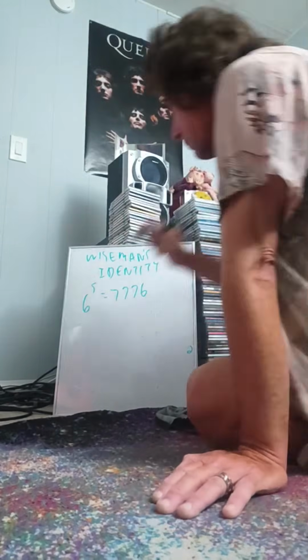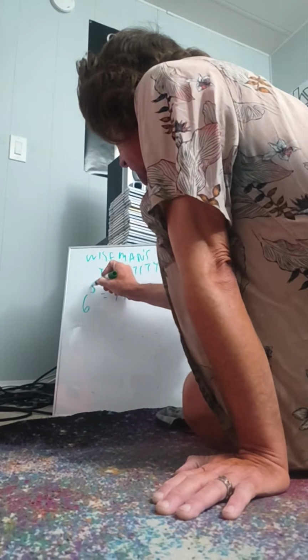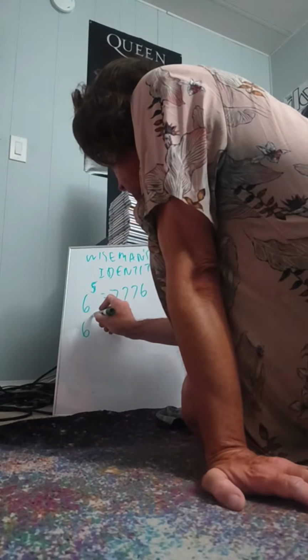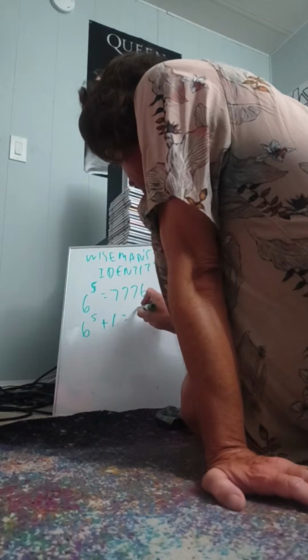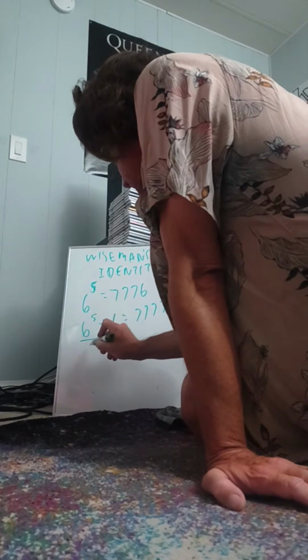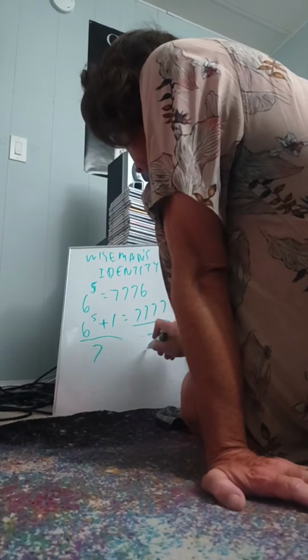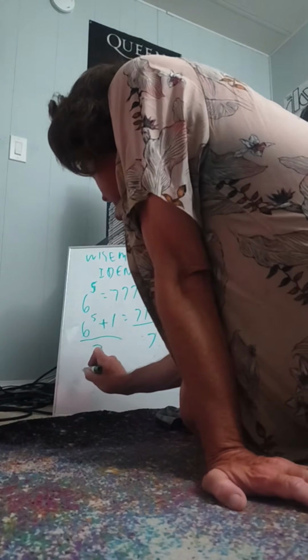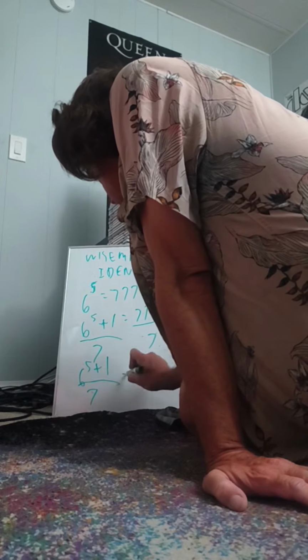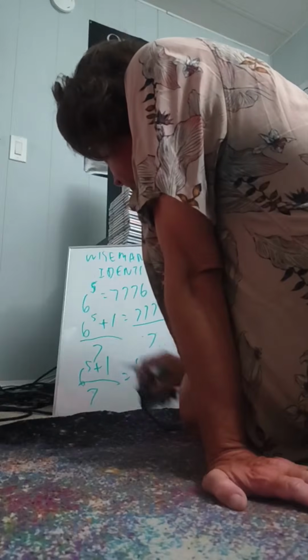So with a little messing around with it, I can make a cool formula, I think. I can say 6 to the 5th power plus 1 equals 7,777. I can divide everything by 7, and I get Weismann's identity, which is 6 to the 5th power plus 1 all over 7 equals 1,111.